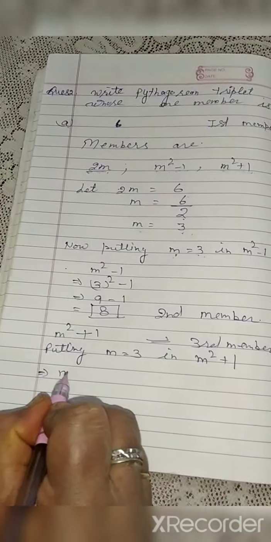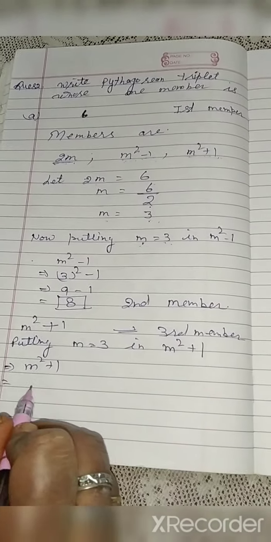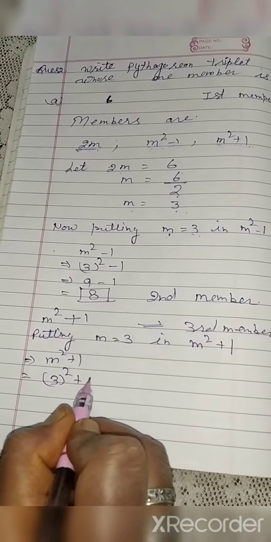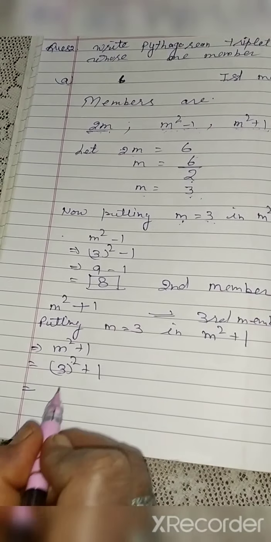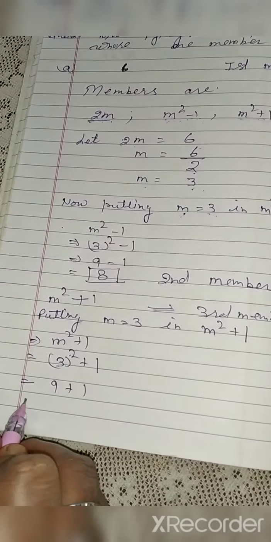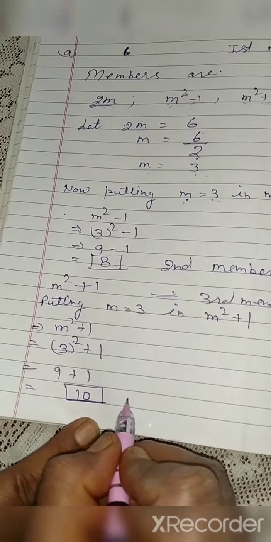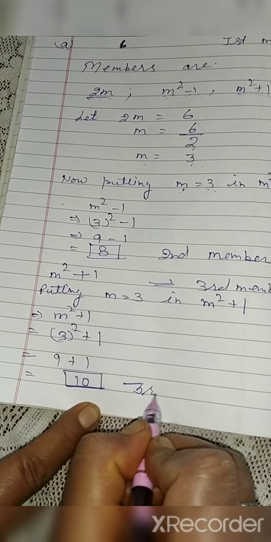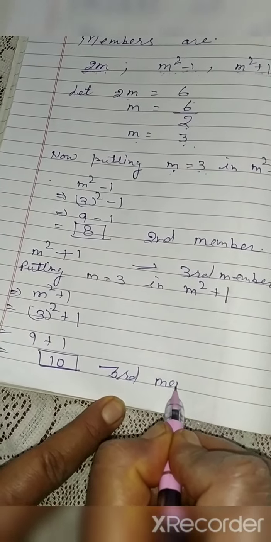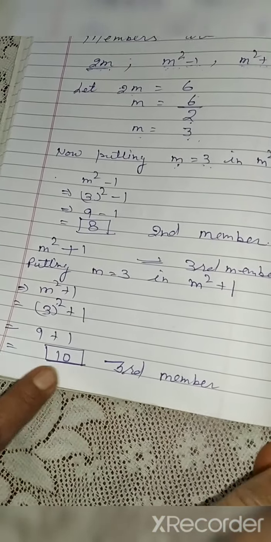So m square plus 1 is 3 square plus 1, that is 9 plus 1. So it is 10. This is the third member.